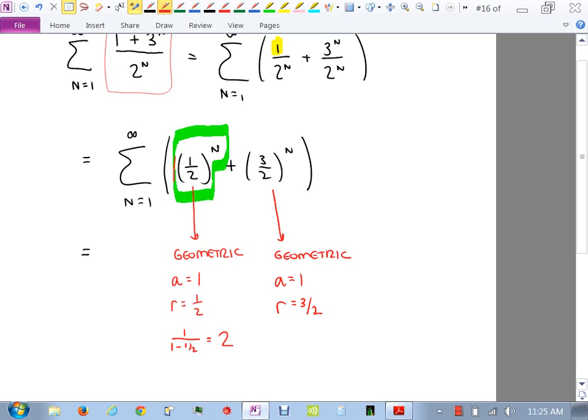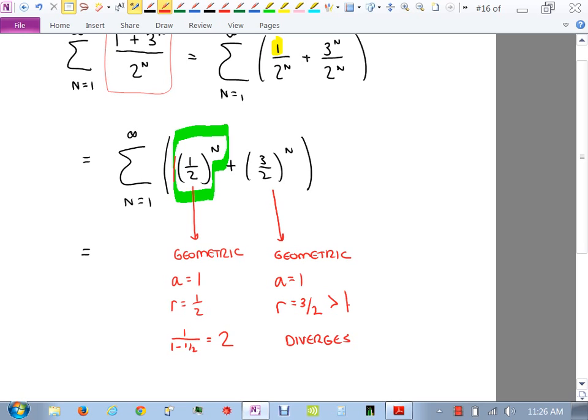And the absolute value of R is bigger than 1. And what happens when it's bigger than 1? It diverges. It becomes infinite. So the fact that the first part goes to 2 doesn't matter because the other one is going to infinity. Do you see that? So the entire thing diverges, because that was greater than 1.